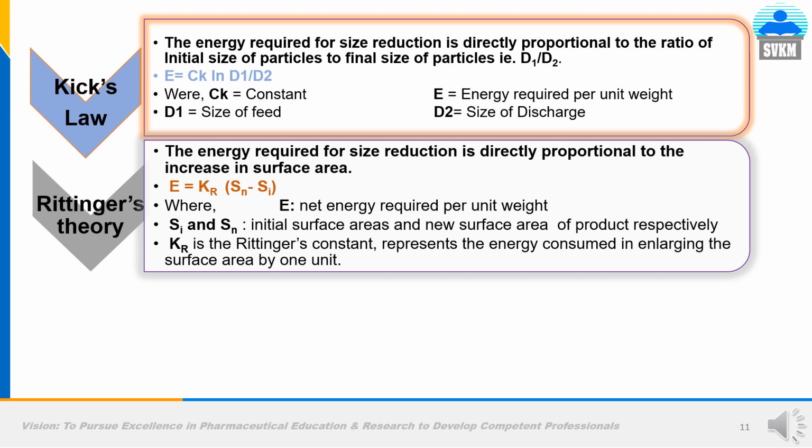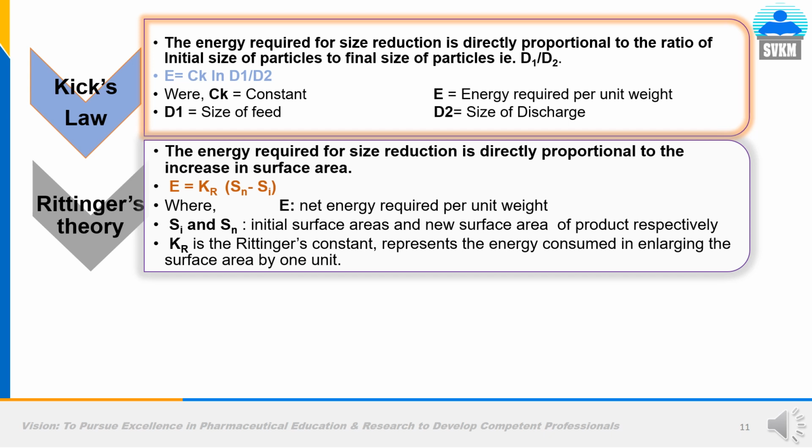In case of Rittinger's law, the energy required for size reduction is directly proportional to the increase in surface area. As I said, when size reduction takes place, the surface area also increases. Here is the comparison between the surface area before size reduction and the surface area after size reduction. So the energy required to create new surface area is directly proportional to the increase in surface area.